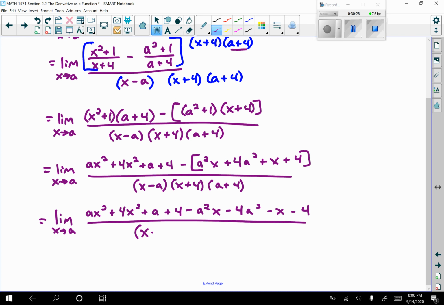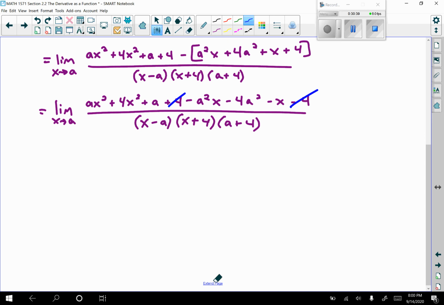And again, all over our denominator. All right, so we can cross out some terms. I think it's just going to be the 4's. Plus 4 and minus 4 are gone. I don't see anything else.